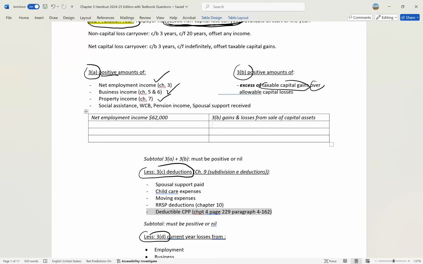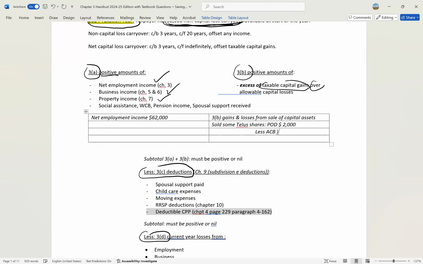So let's say that this individual sold some TELUS shares. And let's say that they sold the shares for proceeds of $2,000. From the $2,000 proceeds, we have to subtract what we call the adjusted cost base, what they bought the shares for.